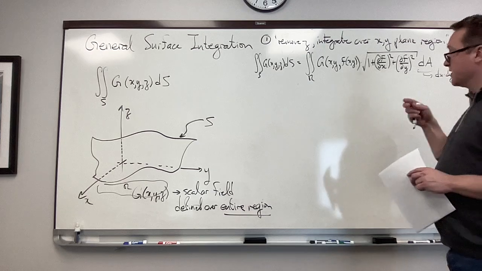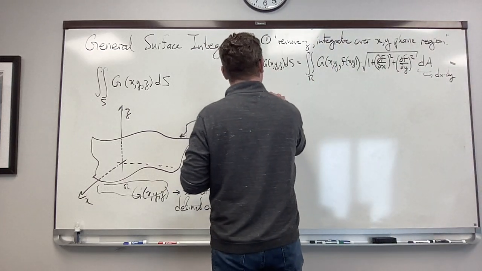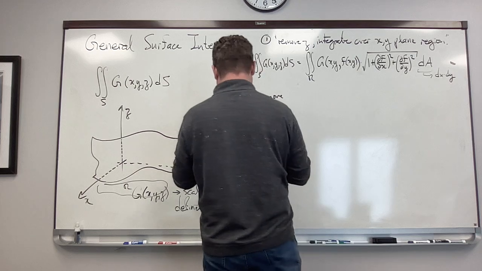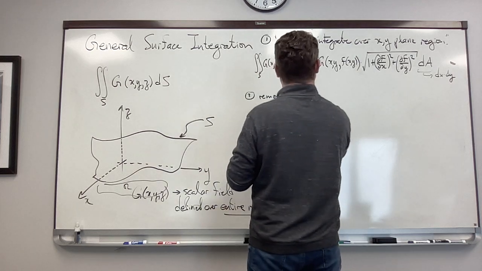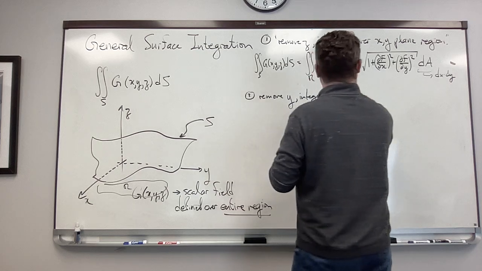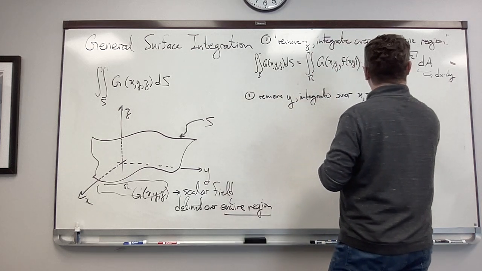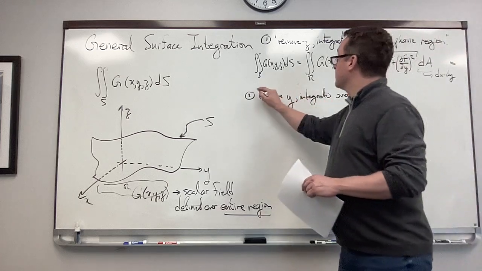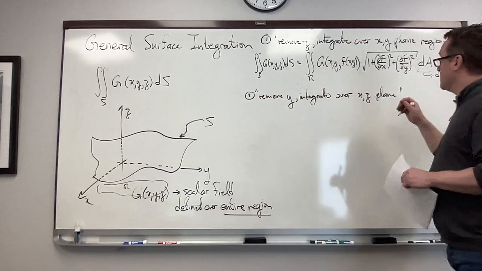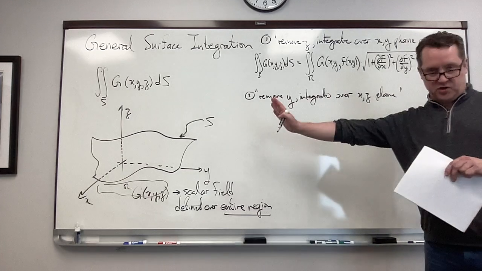If instead we remove, whatever is the second one here, remove y and integrate over the xz plane. So this is like projecting left to right in the traditional system.